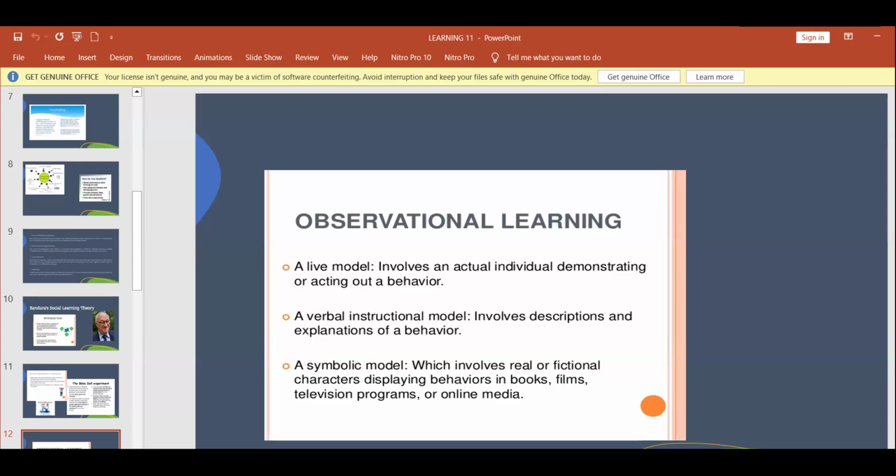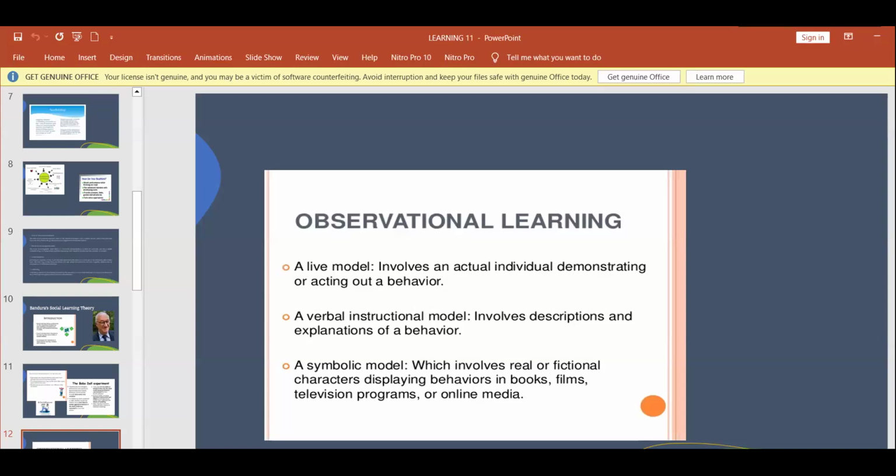Teacher is punctual, students learn to be punctual. Teacher is kind, students learn to be kind, right? Some other student can be a live model. Okay, very neat and clean, shows a lot of leadership. You observe it and you learn those qualities.